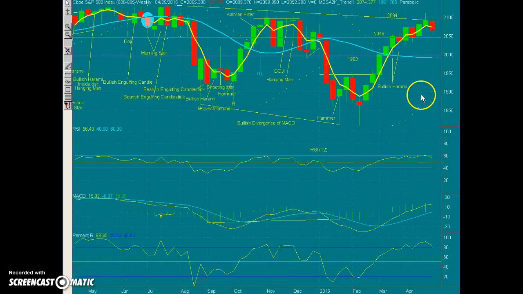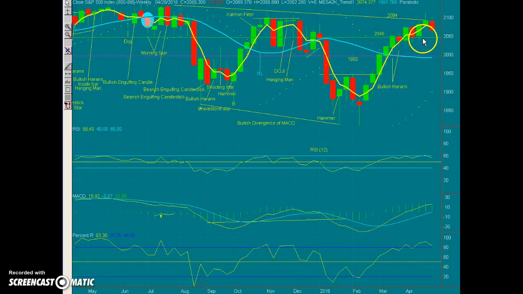As far as parabolic is concerned, the yellow dot here is still below the most recent bar, this past week's bar, and therefore there is no indication from this indicator to switch to a downtrend. Parabolic stop and reverse, it's called, and that means whenever this dot is below the most recent bar, the market is still in an uptrend.